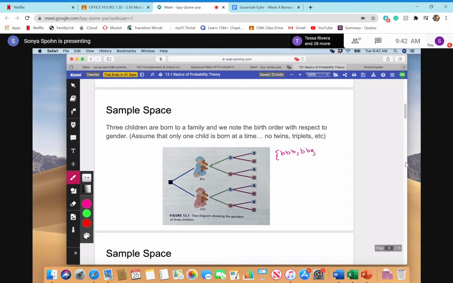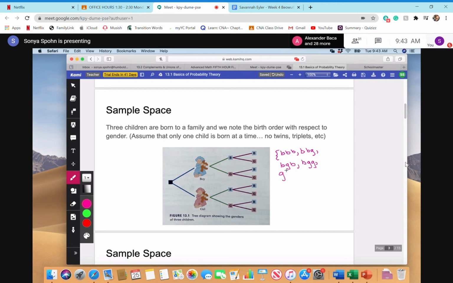This means if you have 3 kids, your first one might be a boy, second one might be a boy, third one could be a boy. What are the different outcomes? Then we could have boy first, then a girl, then a boy, and you can go through this tree diagram and pull up the sample space.